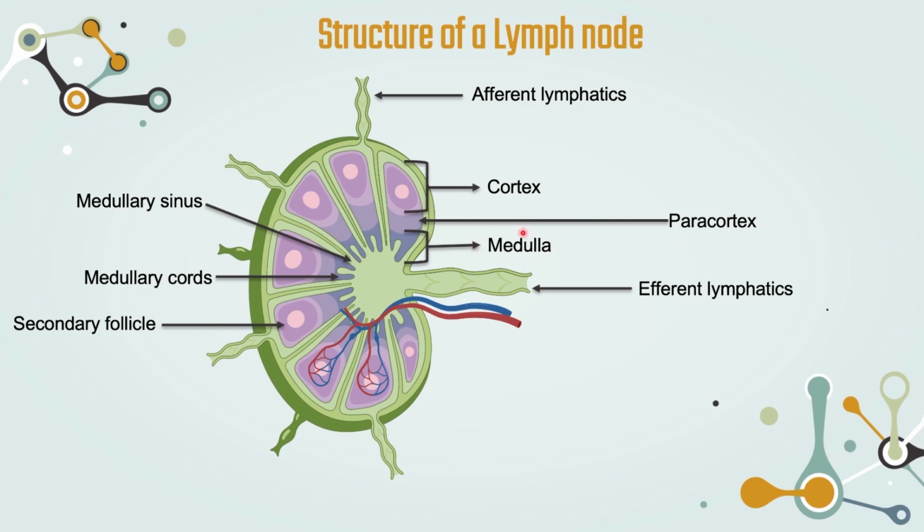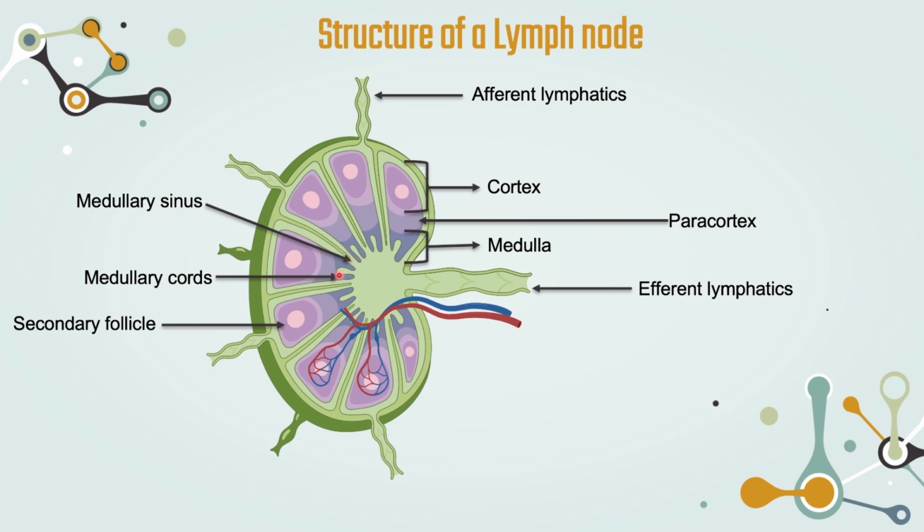Now this is the medulla. The medulla has these medullary cords and the sinus. You'll get numerous questions about medullary cords and medullary sinus. The way they will ask you is that the medulla houses the macrophages, specifically the medullary sinus. The medullary sinus has macrophages and reticular cells.